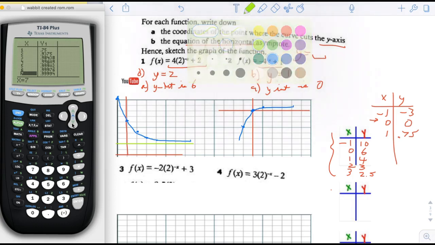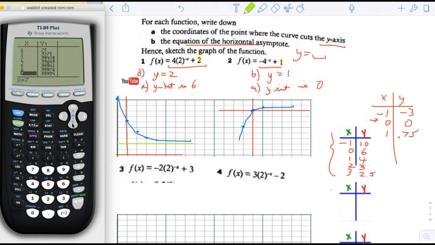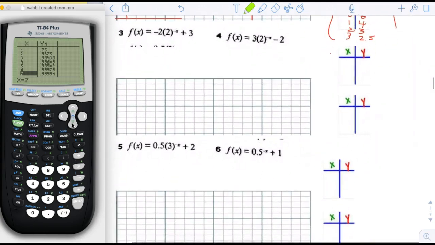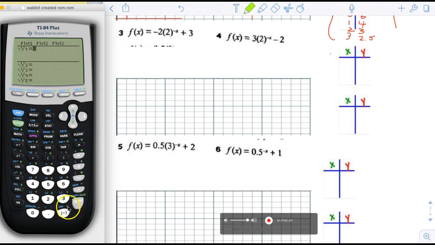We'll draw it in green again. Okay, so that is our graph for number 2. Now let's go to number 3. Once again, we're going to type it in the calculator. -2, 2 parentheses, to the -x power, right arrow, +3.